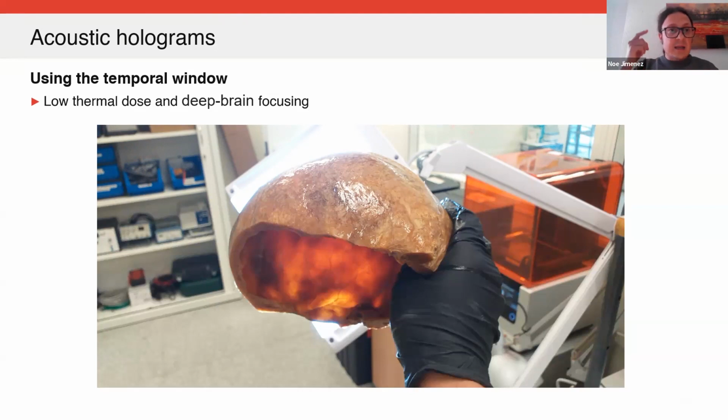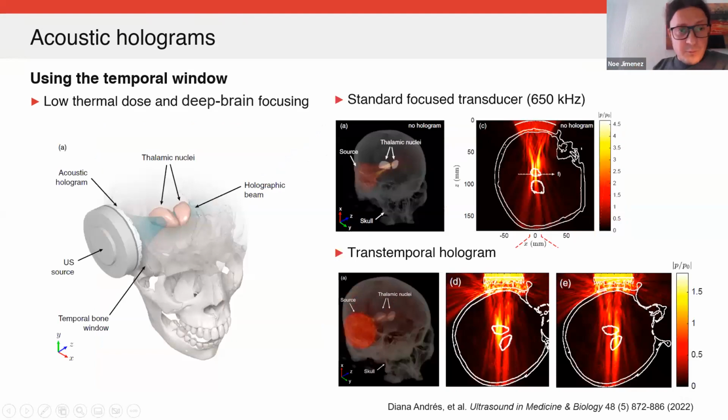So if you realize, the temporal window, which is in this part of your head, is very thin actually, you can break it in this specimen if you just put your finger. You can use this small part in order to target deep brain nuclei, for example the thalamic nucleus, and even have bilateral focusing by using this small aperture. For example, in this case, we were using just a 5 centimeter target. This is the work of Diana, a PhD student with us here in Valencia.